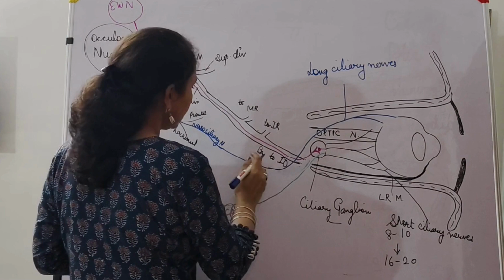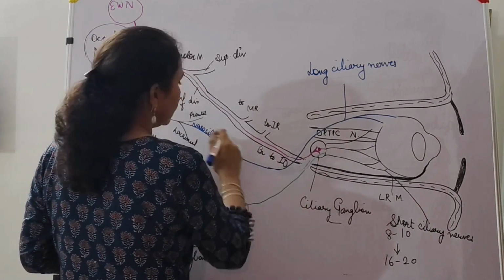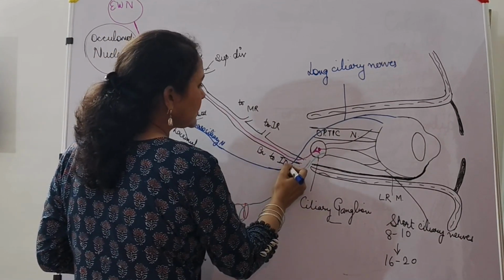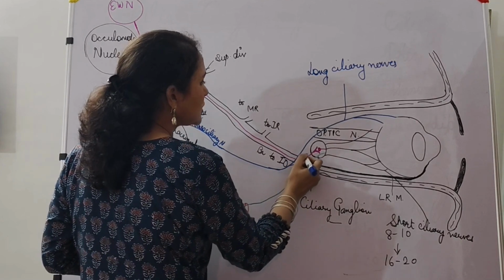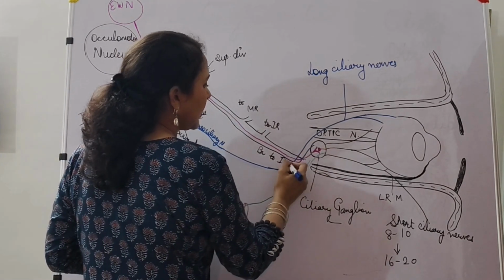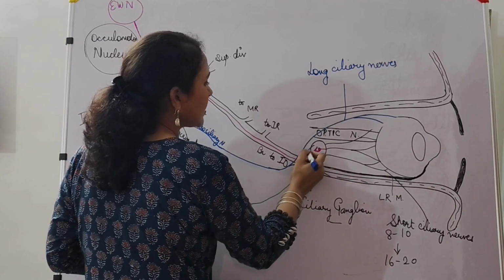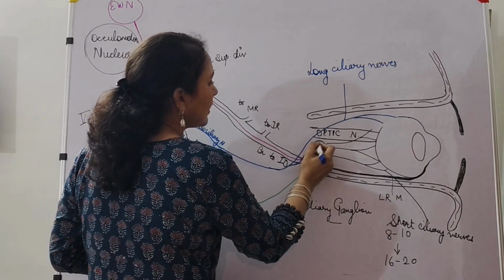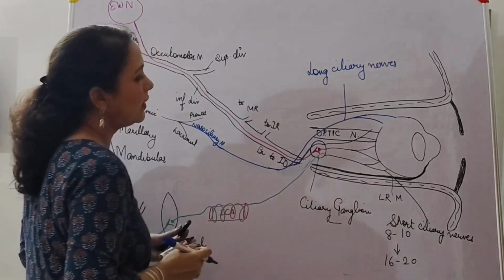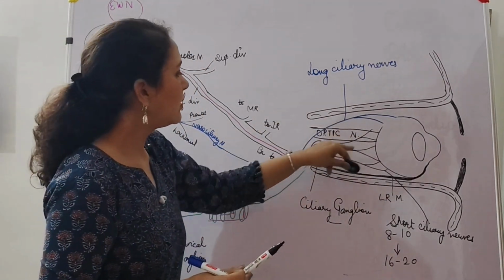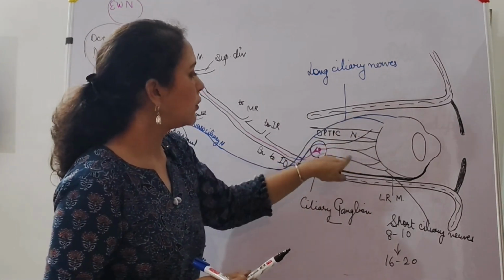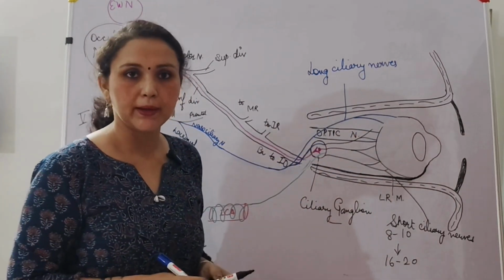Along with this, the sensory root fibers also pass, a branch from nasociliary also passes through the ganglion without relay and is distributed via the short ciliary nerves to the various structures of the orbit.